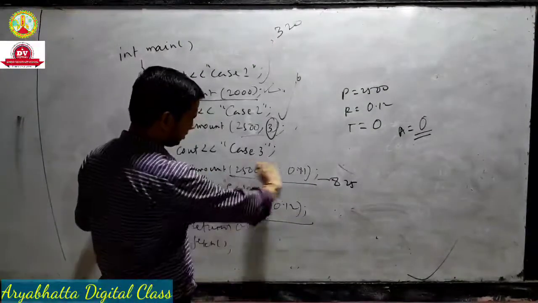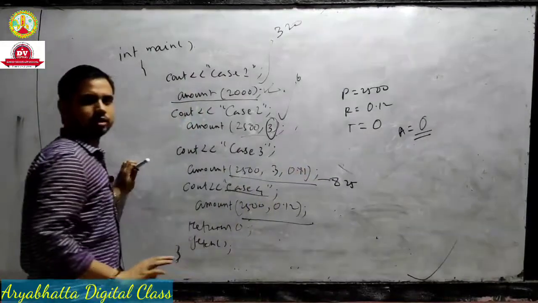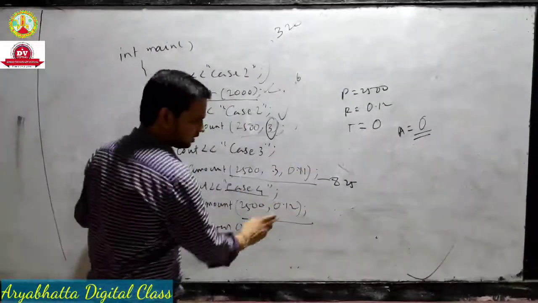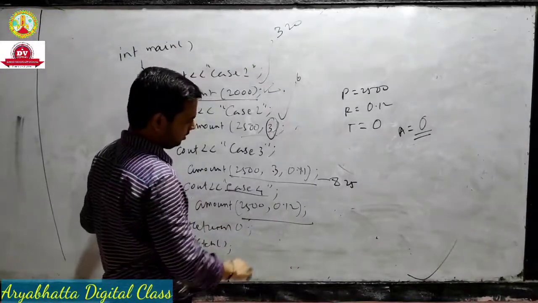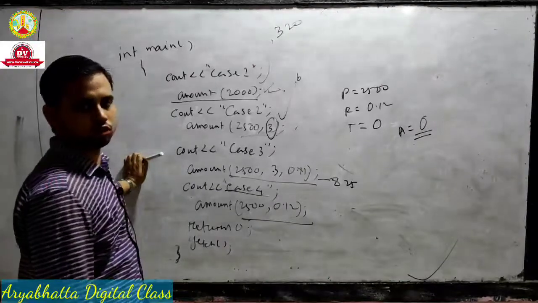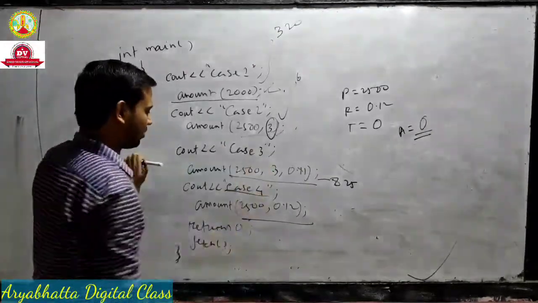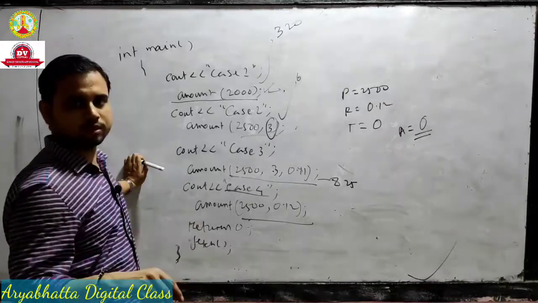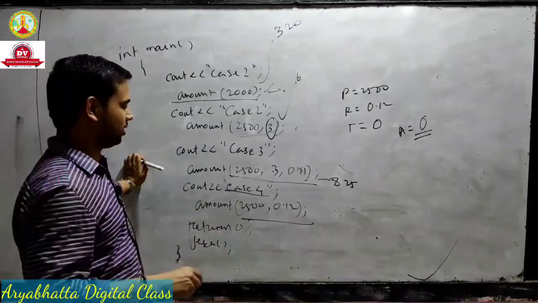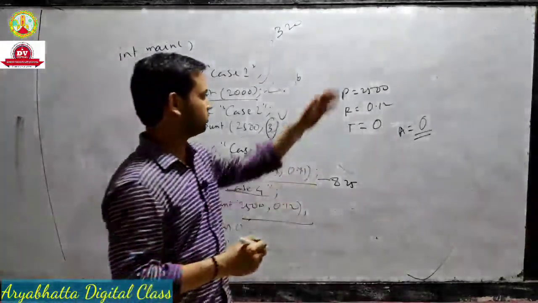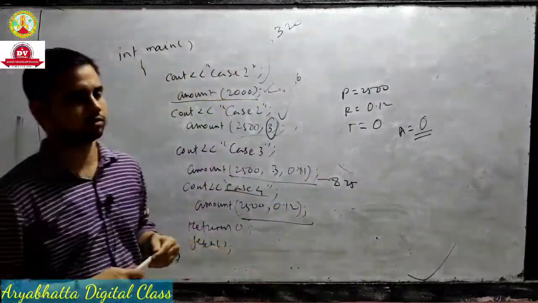No need for default values. But in the fourth case principal and rate are given but time is not, and time is not taken as 2. If time is not given, the compiler takes the default argument as 0 years, and if time is 0 then the interest amount is 0.